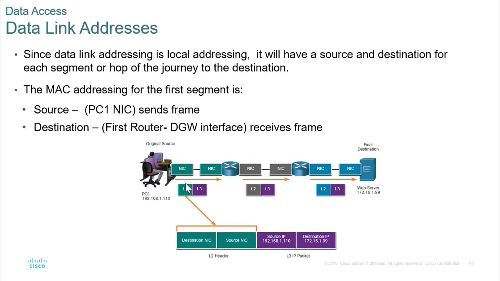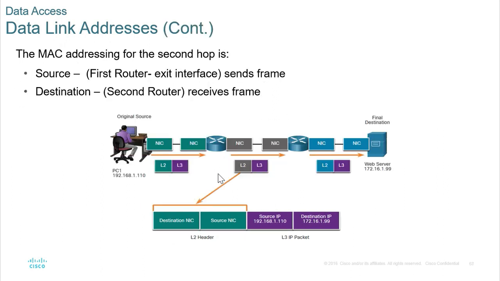This is the process of changing the physical address. The first phase is that PC1 puts the destination physical address as the interface of the default gateway. Next, once the router receives the packet, it will look up the routing table based on the destination address of the server, and find out that it will forward to the next router.